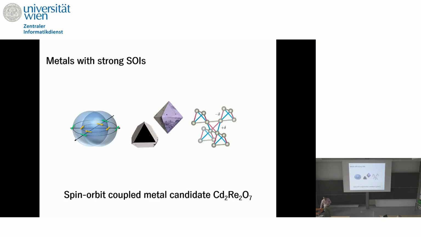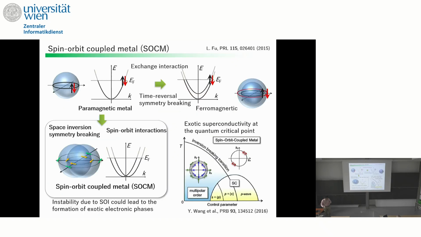So now let's talk about metallic compounds. This is related to the concept of spin-orbit coupled metal. The Fermi surface is somehow unstable against any kind of interaction, and Professor Liang Fu proposed the concept of spin-orbit coupled metal.